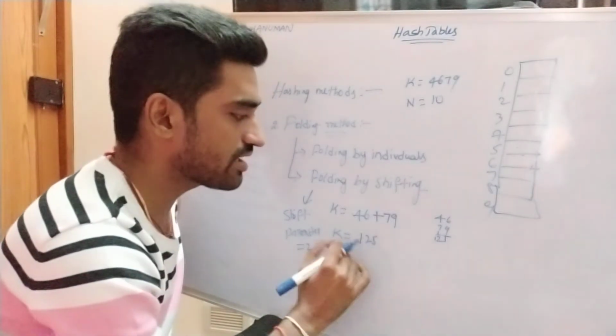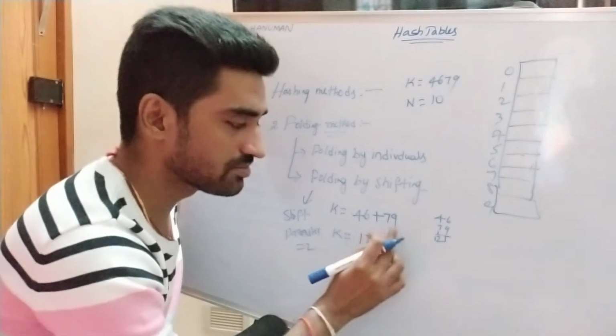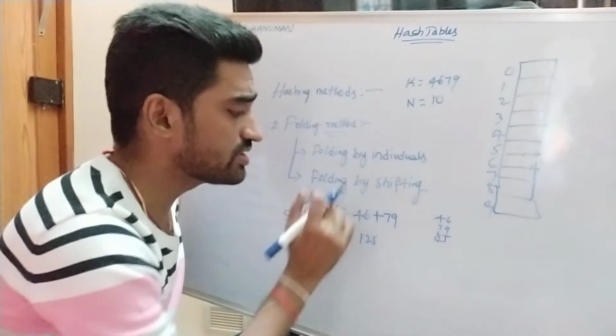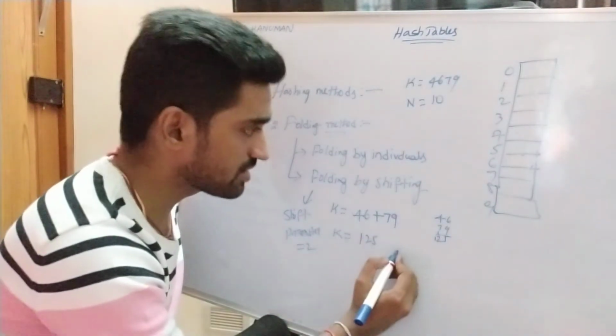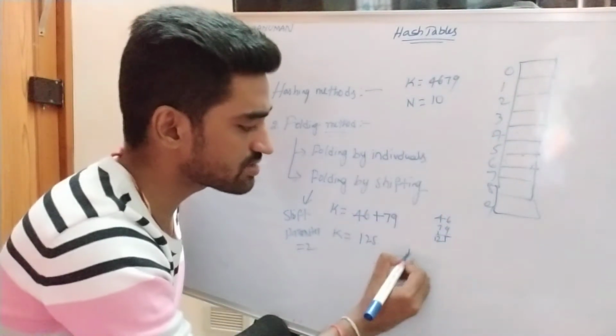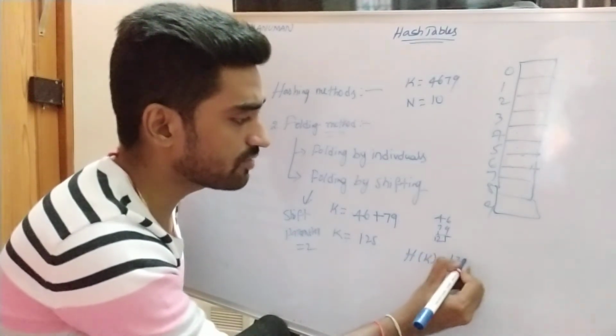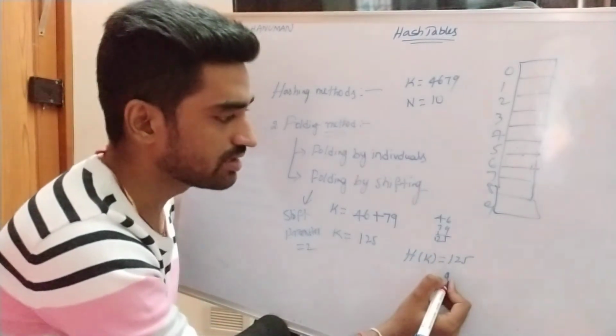Then we apply the division method. The hash table index starts from 0, so we use which formula? H of k is equal to k modulo n.